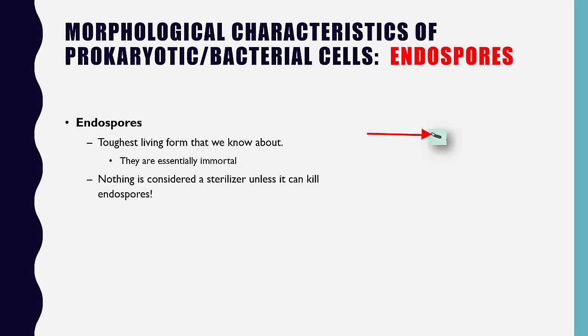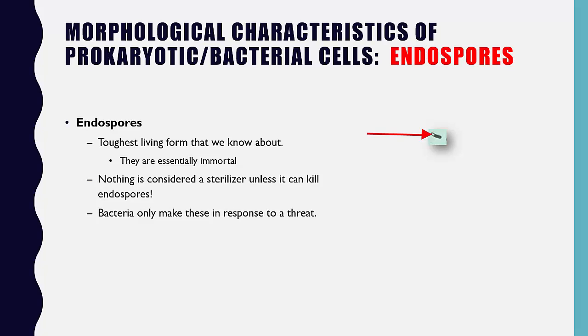When we have autoclaves set up to sterilize surgical instruments, we test it, and if it can't kill an endospore, it's not working. Very few chemicals are able to kill endospores, and again, if they cannot kill an endospore, they are not sterilizers. We set the bar at endospores. Does it kill an endospore? Yes. Then it sterilizes.